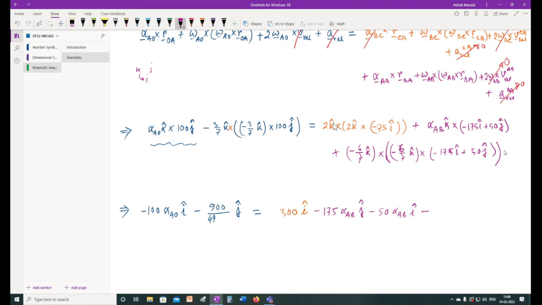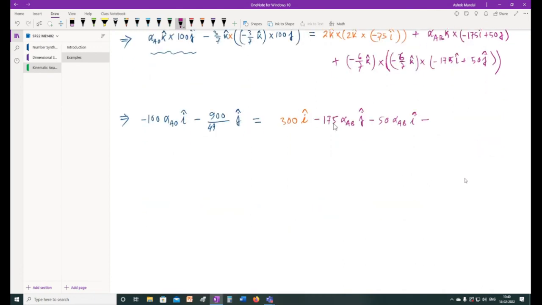First you have to multiply this one and this one. Do this multiplication and tell me what values you are getting.